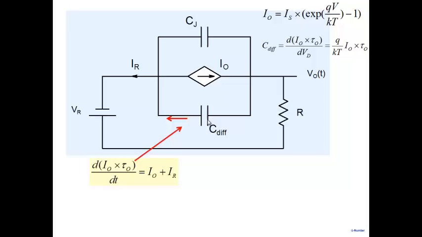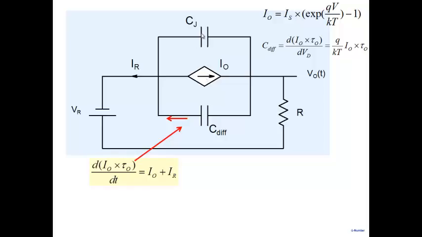Now this is the capacitance which is discharging, right? So I write dQ diffusion by dt. Q diffusion, everybody knows, is I0 times tau 0. That's the definition of diffusion charge. So dQ by dt is equal to what? IR plus I0, correct?